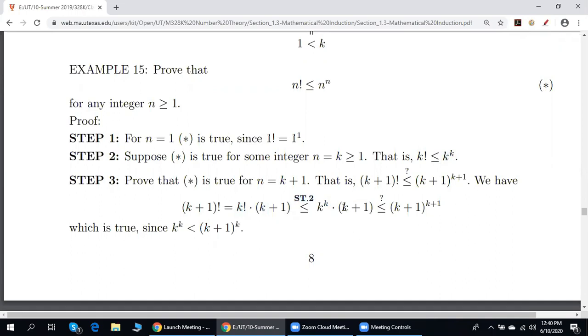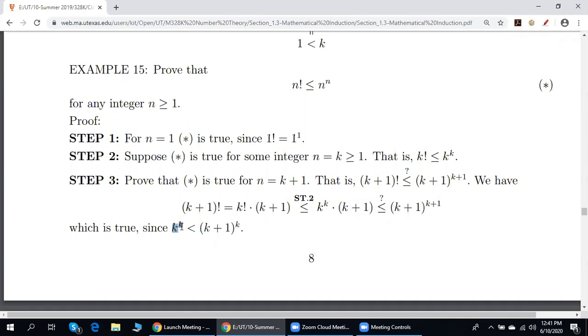Lastly, let us show that this in turn is lesser or equal to k plus 1 to the k plus 1, because we want to prove this inequality. Why is this lesser or equal to k plus 1 to the k plus 1? Because if you cancel out k plus 1 on the left-hand side, k plus 1 will be gone.